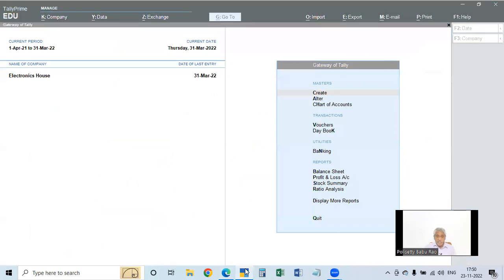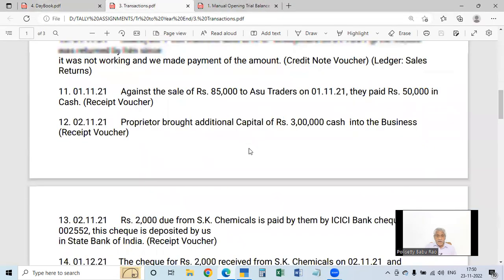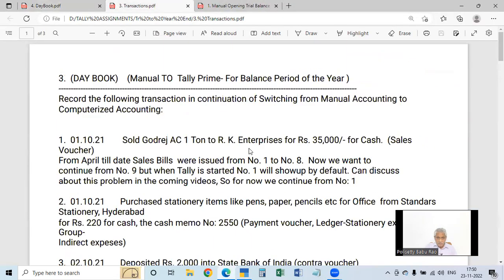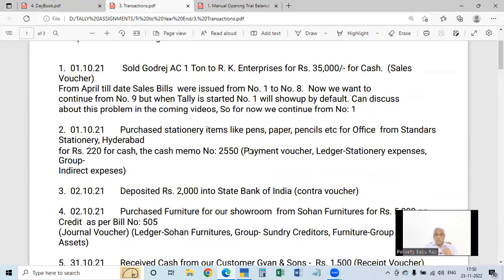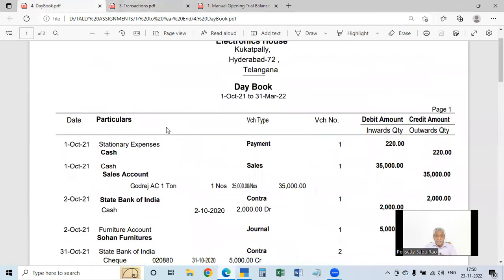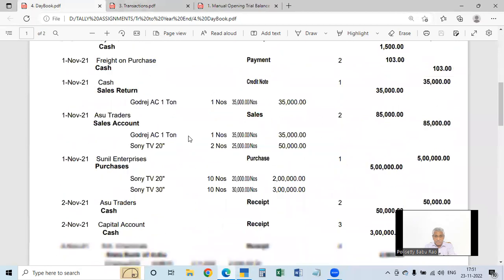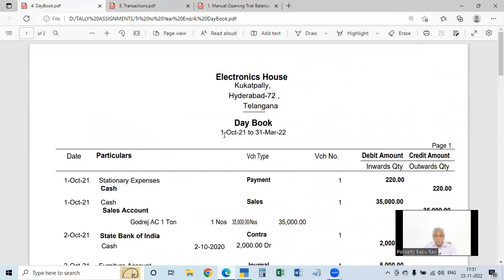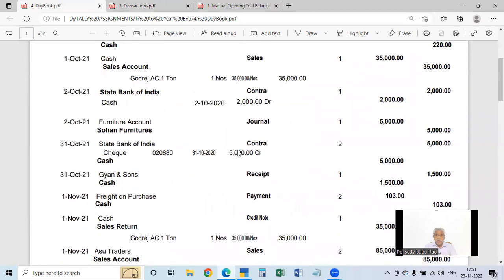I will show you one or two, and then I'll read the transactions and tell you, you try to record the transactions, and after that, I will also record the transactions in the next class. So you record the transactions, see the video and see the day book from 1st October to 31st March, and compare your day book that is in your system with this.